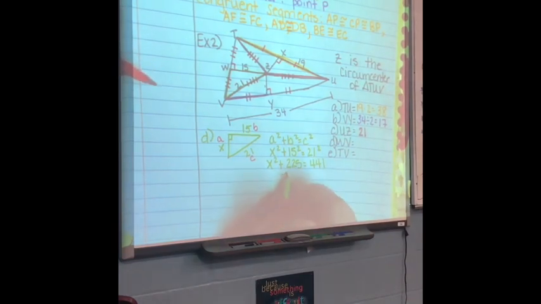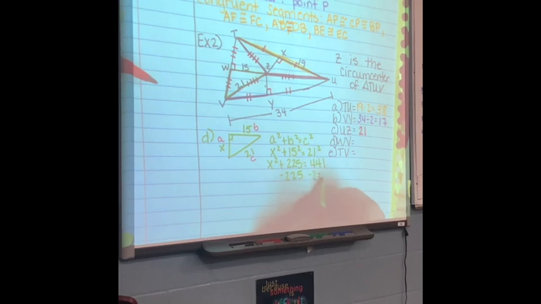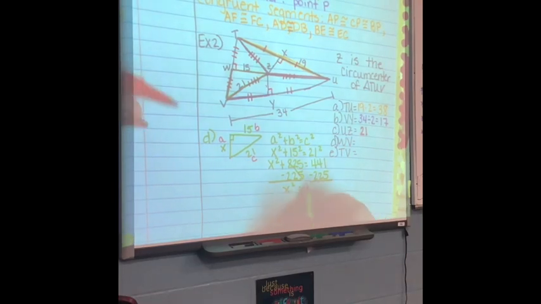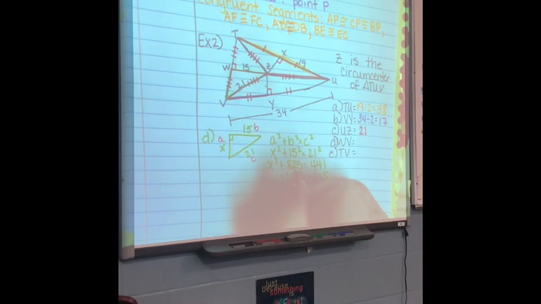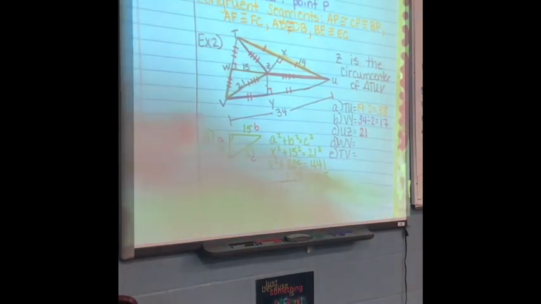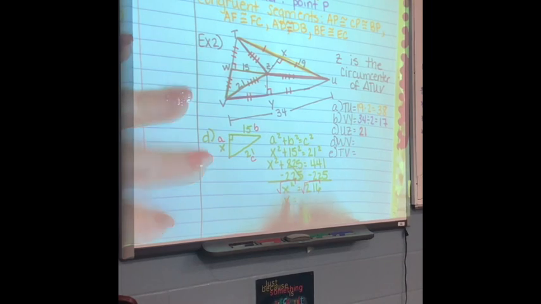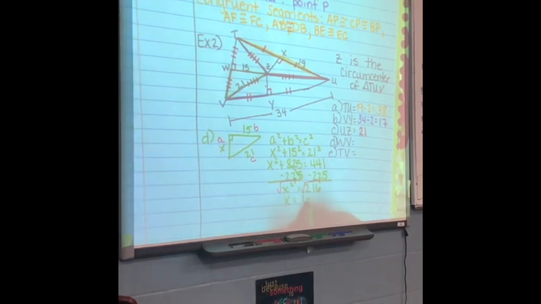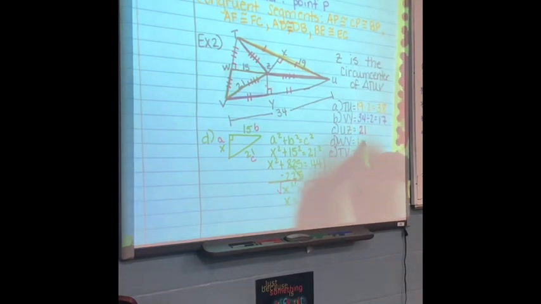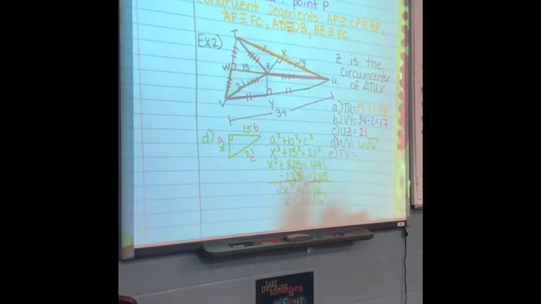I'm going to subtract 225 from both sides, and I get x squared equal to 216. Now I'm going to take the square root of both sides, and I get x equal to 6 square roots of 6. Does everybody agree? All right.